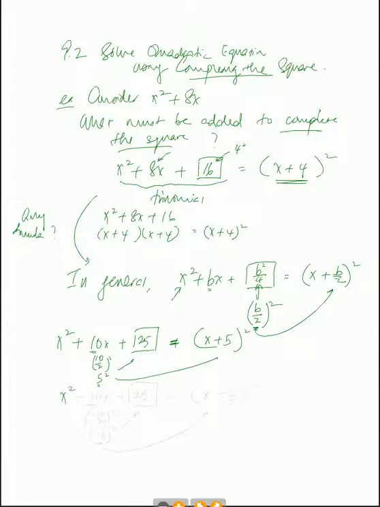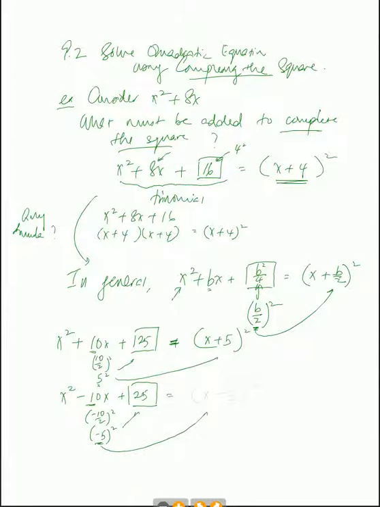Before you start thinking everything is a plus, what happens if this was x squared minus 10x? Then looking at this number, it is a negative 10. Negative 10 divided by 2 gives you negative 5. Negative 5, when you square it, also gives you 25. So the number you're going to add is always going to be plus.